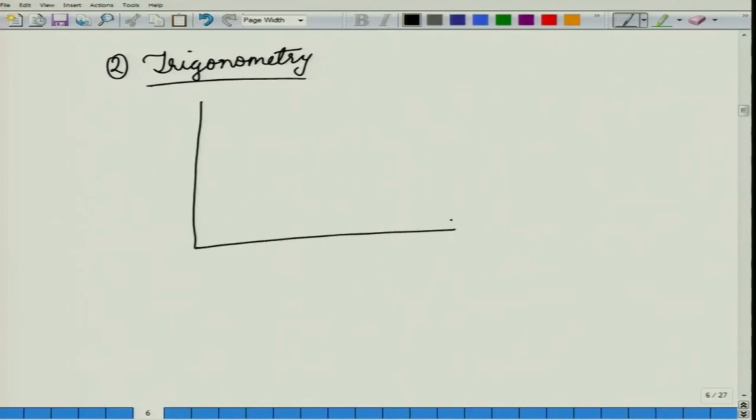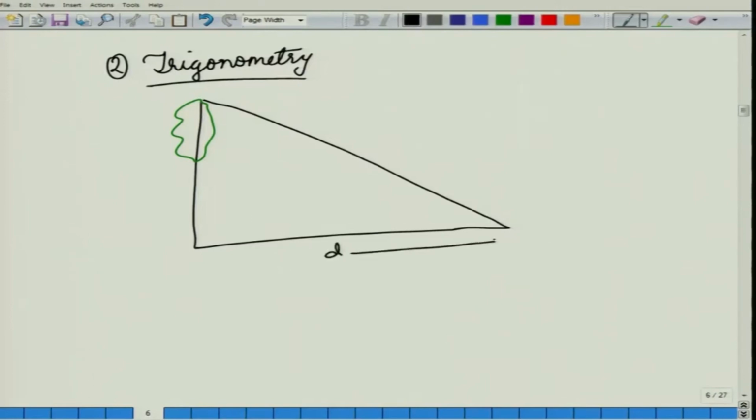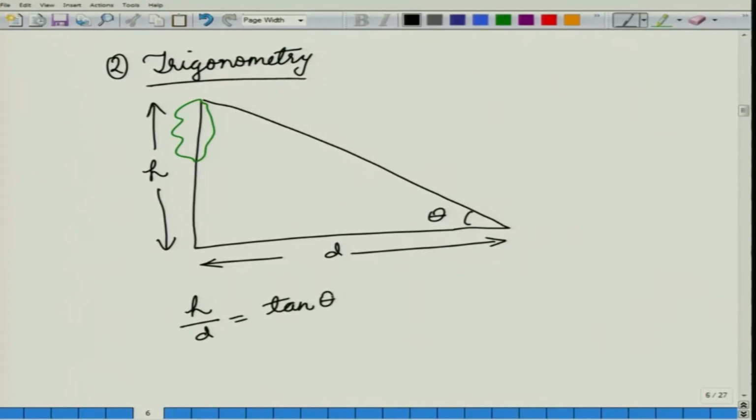So, what we do in the case of trigonometry is, suppose this is our tree and we can measure the distance d from the tree to a point of observation, and if we can measure this angle theta and we want this height of the tree, we can use the relation h upon d is equal to tan theta, which will give us h is equal to d tan theta.